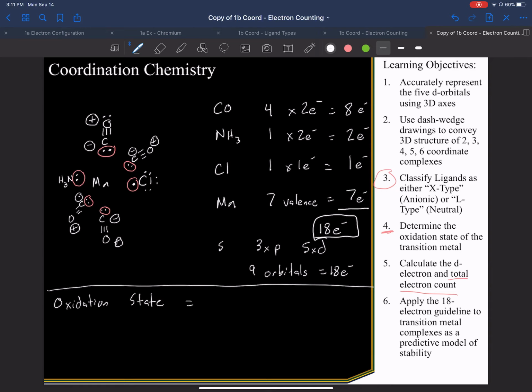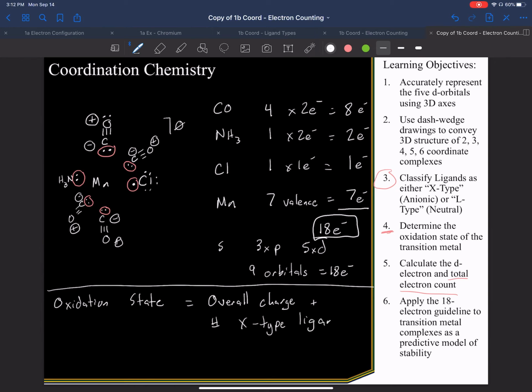So the oxidation state of a metal, we're going to say is just equal to the overall charge, right? And so in this case, the overall charge is 0. It is neutral, right? There's no charge on this complex.